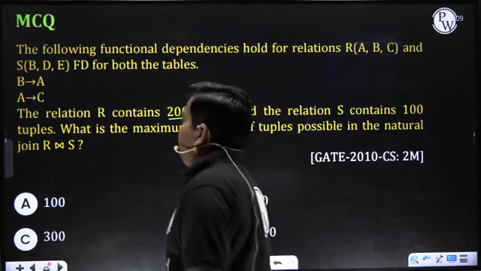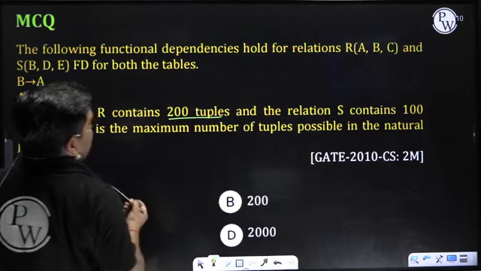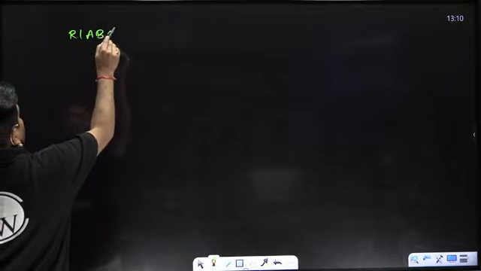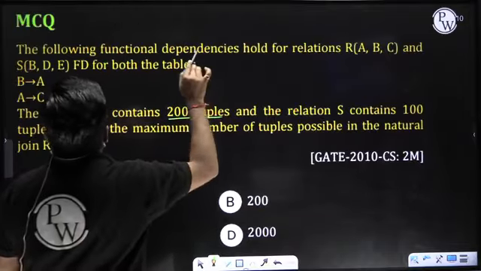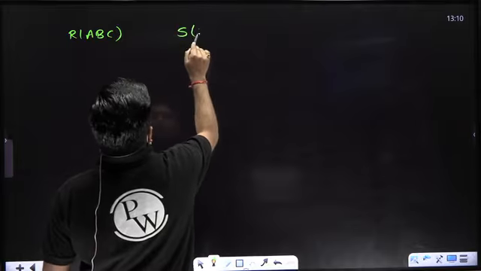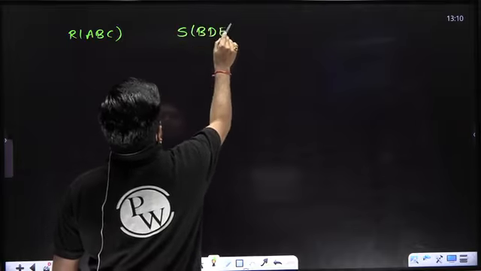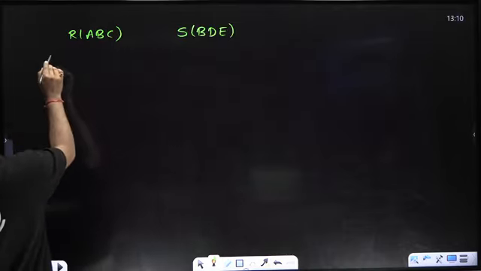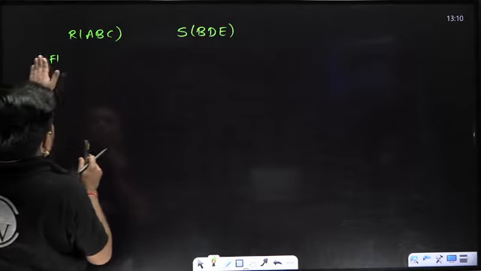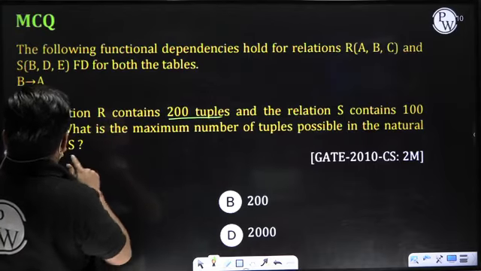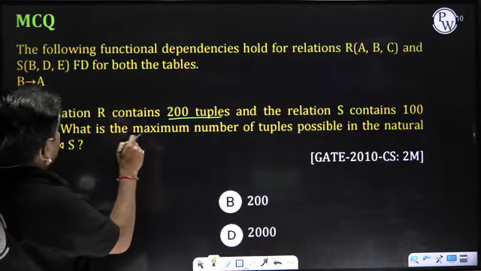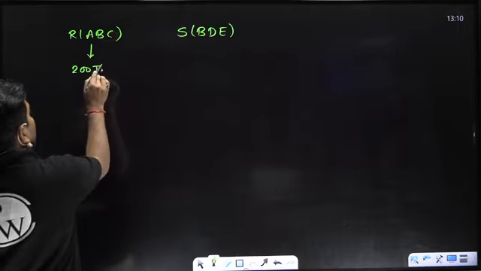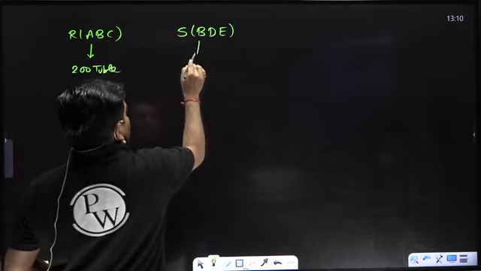First of all, we need to understand what schemas are there. Here we have one relation schema R, which has ABC, and the second one is S, which has BDE. R has 200 tuples, and S has 100 tuples.